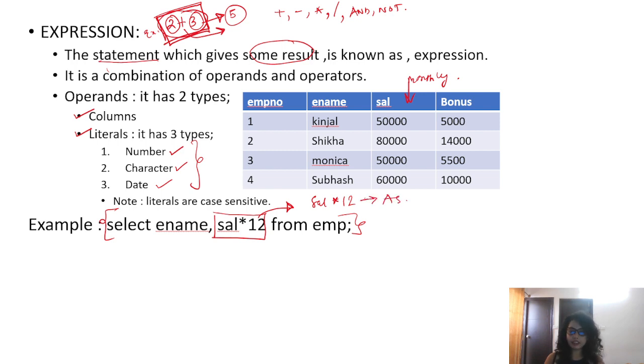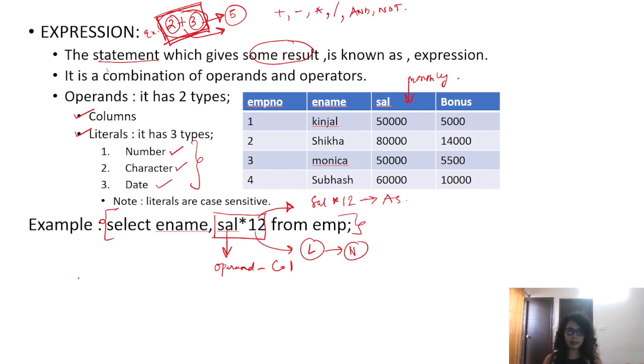This column which is being created is an expression where your first operand is a column and your second operand is a literal, specifically a number. So your operands have two types: it can be a column, as you can see here, and it can be a literal.